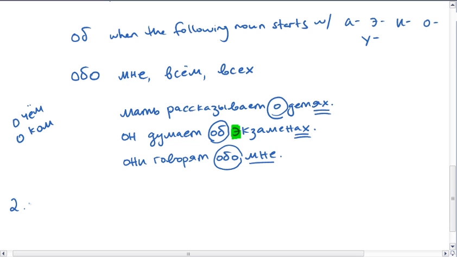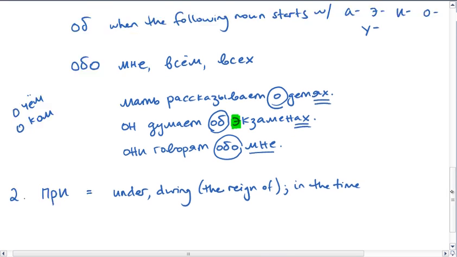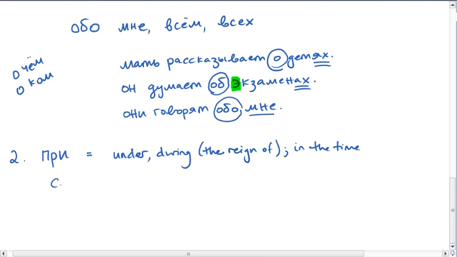We use the prepositional case after the preposition при, meaning under or during the reign of someone or something, or in the time of something. So I'll make that clearly capitalized.